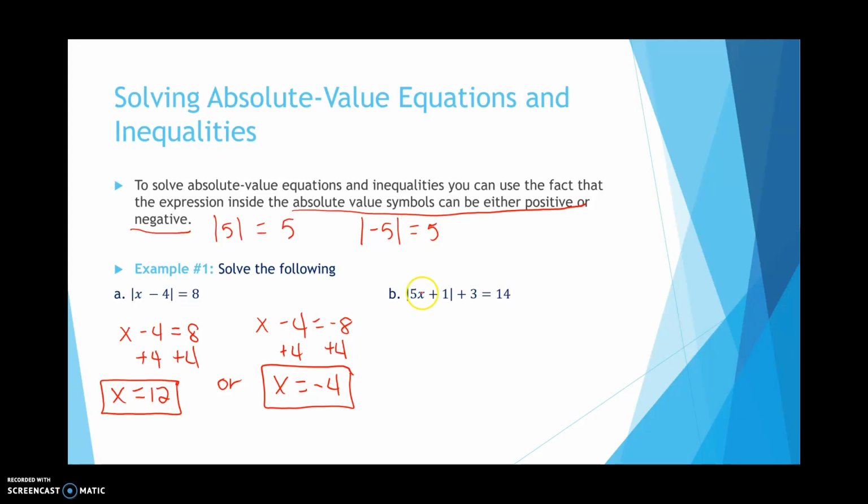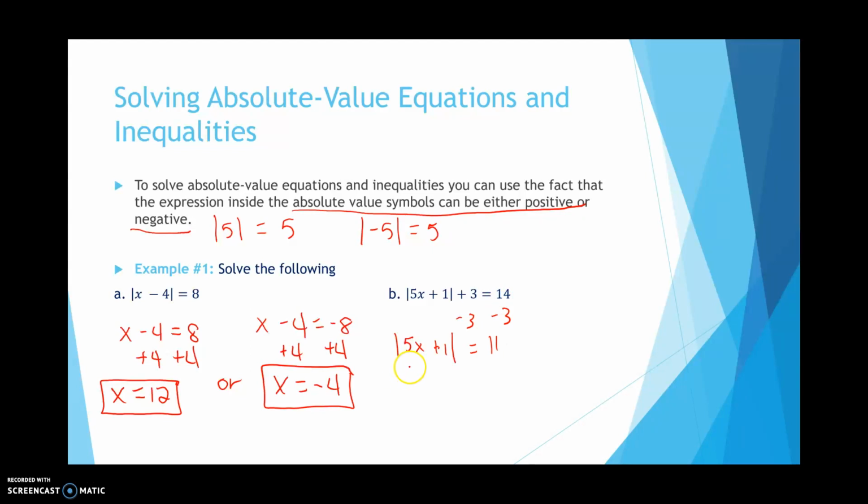Now for B, notice we have the absolute value of 5x plus 1 inside the absolute value sign, but then outside we have plus 3. What I'm going to do is subtract 3 from both sides first, and then we can solve it where it's equal to both the positive and negative situation. So we have the absolute value of 5x plus 1 equals 14 minus 3, which is 11.